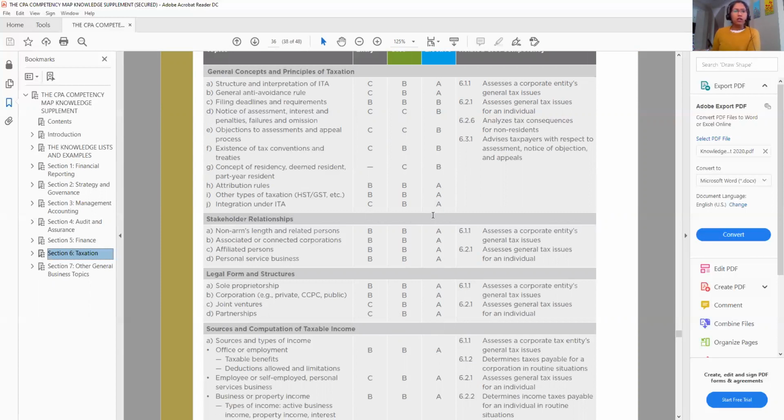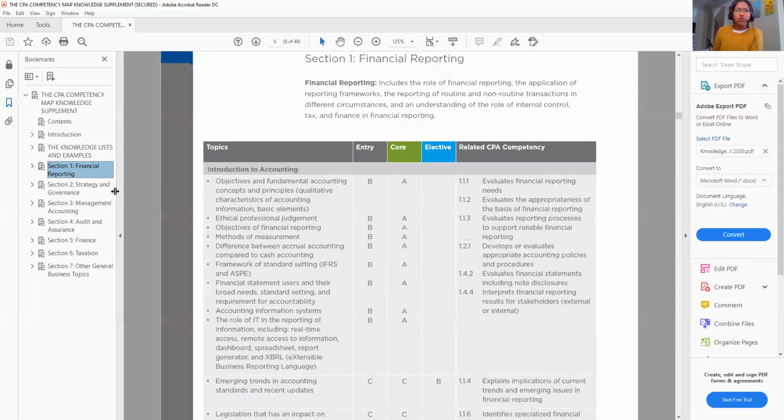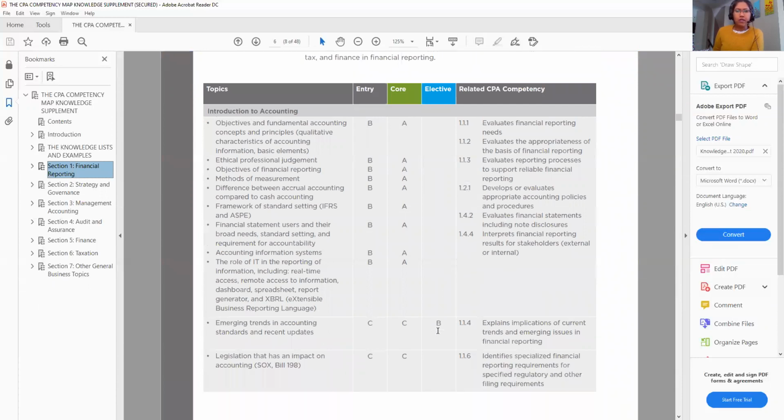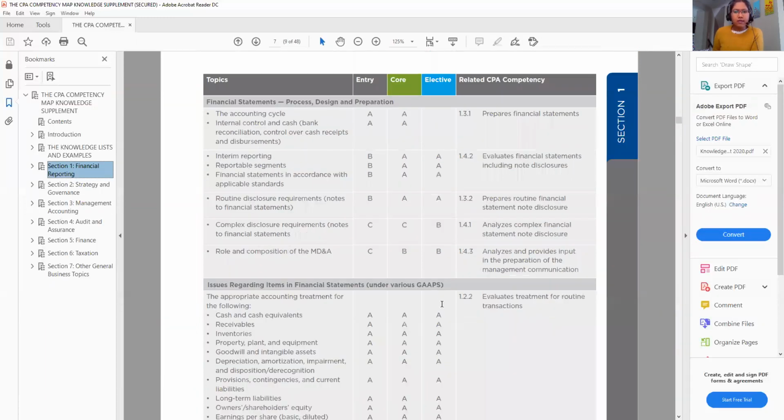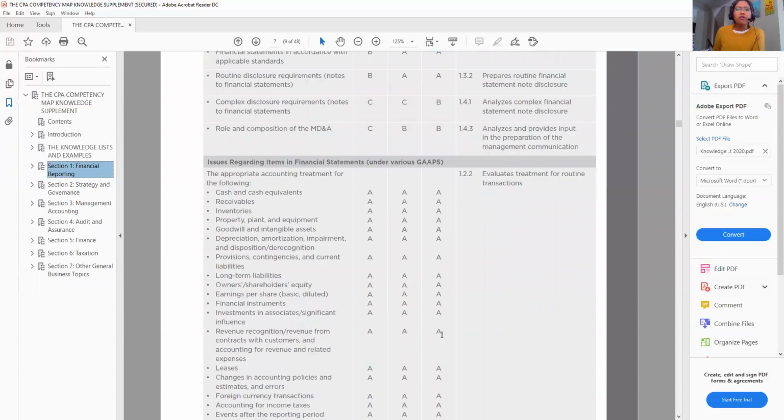Now, what people usually do is, say for financial reporting, some topics are at C level here. When a topic is at B or C level, the feedback guide is also set at a lower level of expectations. So keep that in mind.